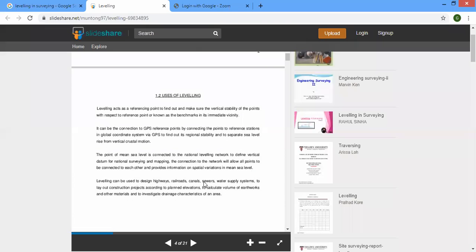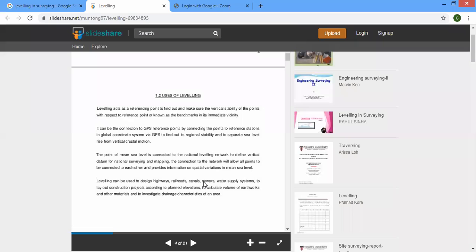Now, uses of leveling. Leveling acts as a referencing point to ensure the vertical stability of points with respect to a reference point, known as the benchmark. Suppose you are going for a survey of an area, or for the construction of a reservoir. The reservoir will be deeper at the center, and as you move towards the bank, the level rises.